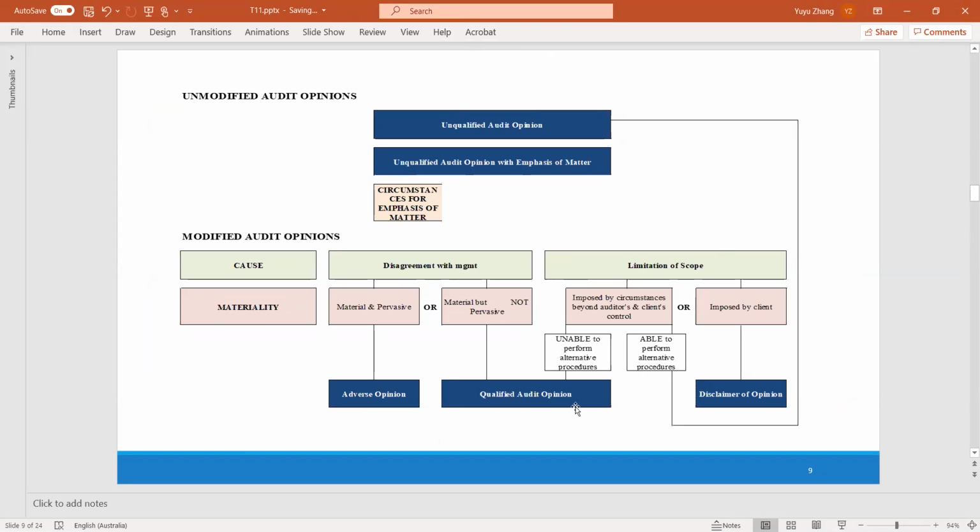One is qualified opinion, the other one is disclaimer. If the reason is because of disagreement with management, or in other words, is due to material misstatements, you have two options. One is qualified opinion, the other is adverse opinion. So here, the case led us to the limitation of scope. So you choose disclaimer because it is material and also pervasive, right? Okay, cool.